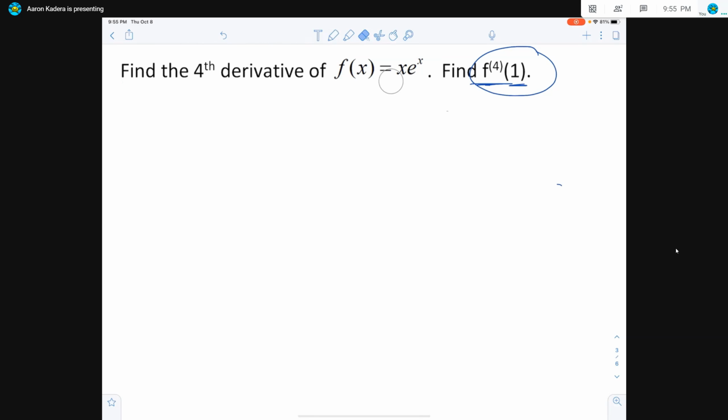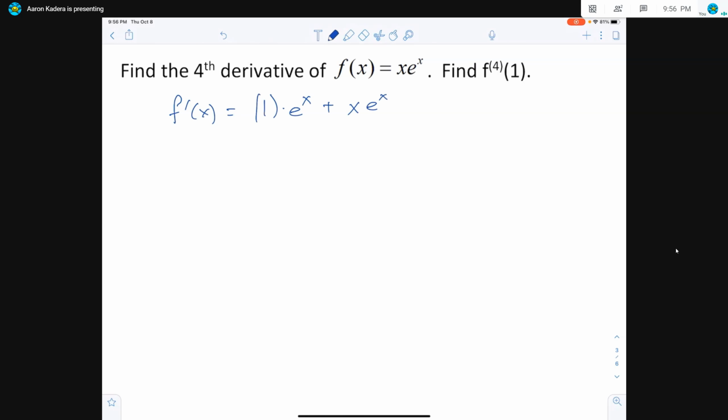So let's get to work here. Let's take the 4th derivative of x times e to the x. So this might be a little work. I have to take a derivative of a derivative of a derivative of a derivative. So let's get started. Let's do f prime of x. We have to use the product rule. So I'm going to take the derivative of the first thing to start it off, times the second thing unchanged, plus the first thing unchanged times the derivative, and the derivative of e to the x is itself.